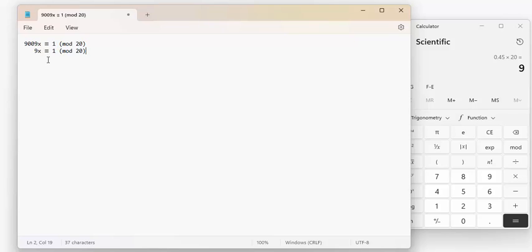When you are using Euclid's algorithm, you have to make sure that the mod is larger than the number that you are working with. Now the number is 9, and of course the mod is larger than the number. Okay, because for a small number like this, it's easier for you to do it manually by inspection.